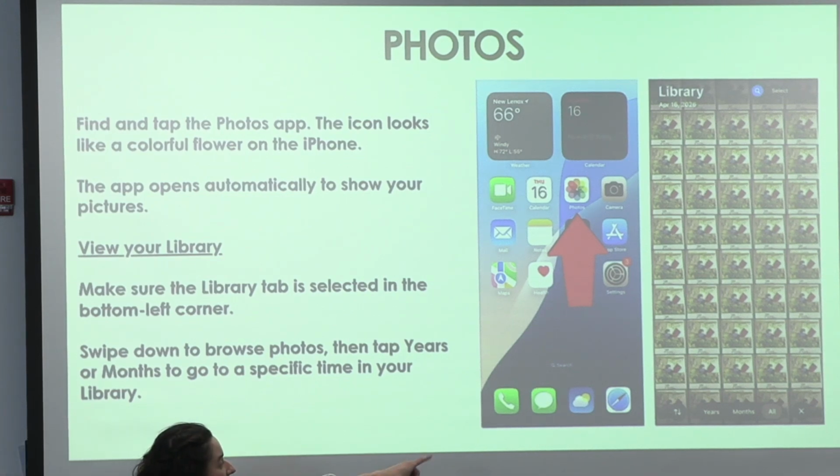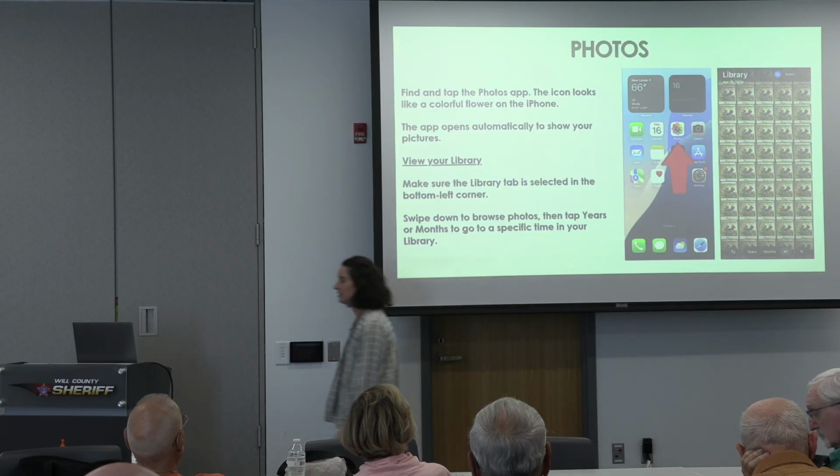I also can navigate it by months and years. I personally don't use that navigation to find photos that much, but some people do. It's a great thing to use if you're trying to find a specific year that a photo was taken. And then you can also sort, usually by date, with the arrows here. If you click on that, you can sort the dates as well.